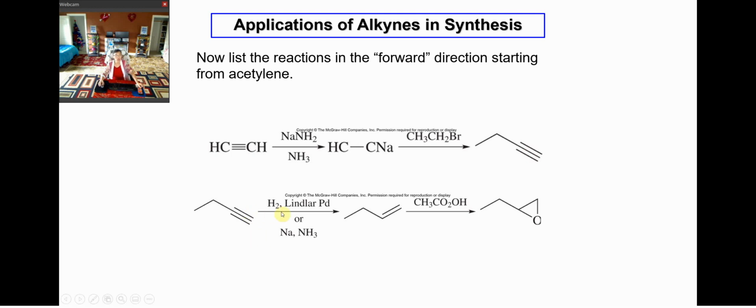And then you are going to use a Lindlar catalyst, adding 1 mole of hydrogen. So you convert alkyne to alkene, or you can use that sodium ammonia reaction. So subject to the 4 different steps: electron transfer, proton transfer, electron transfer again, proton transfer again, you produce alkene.